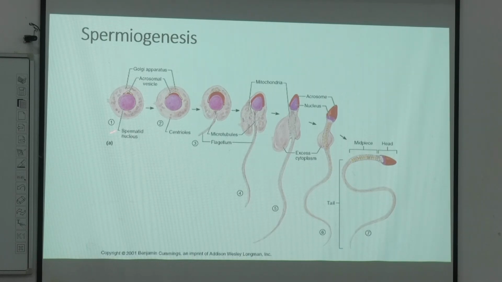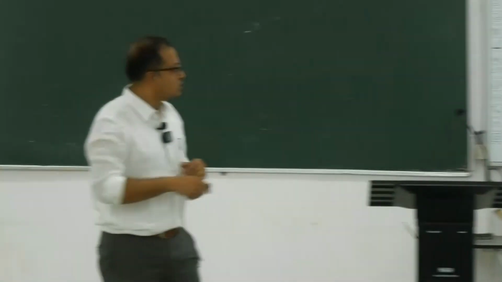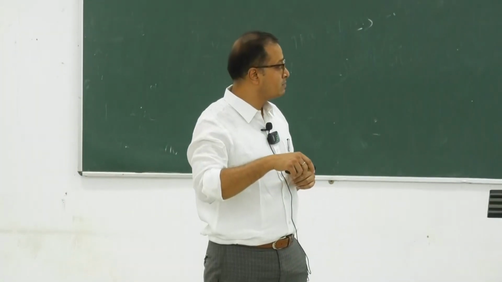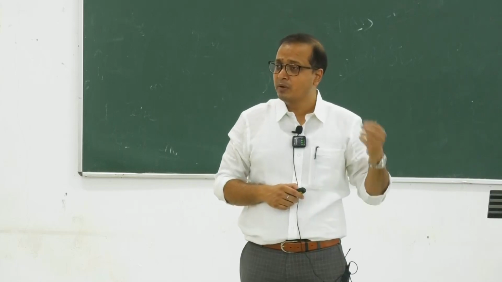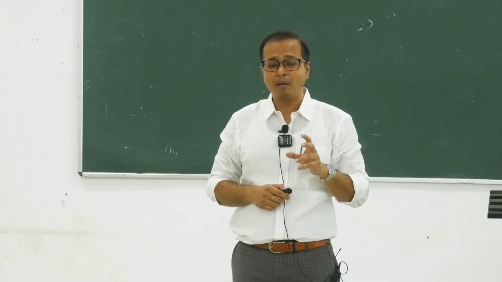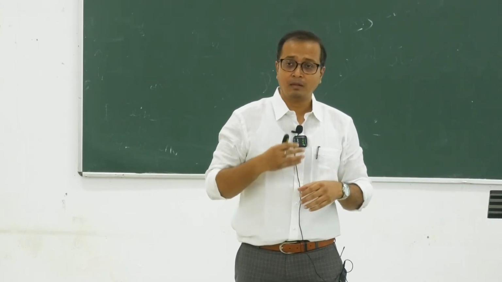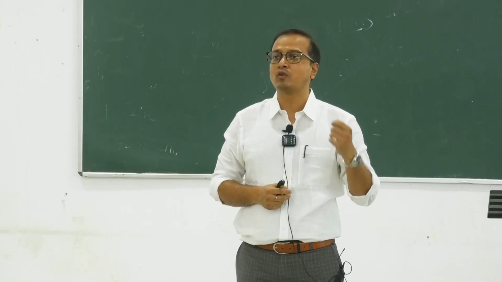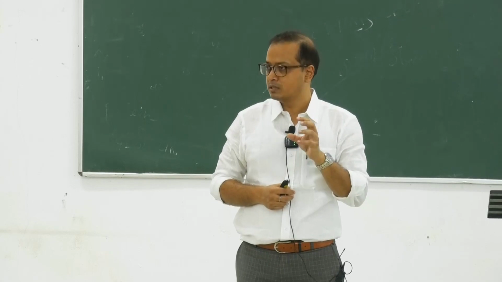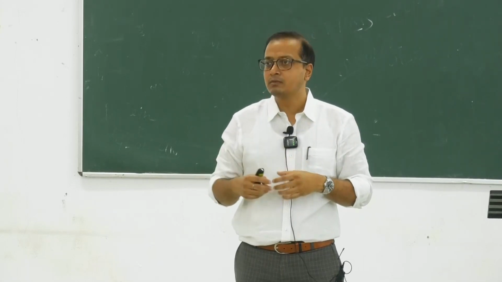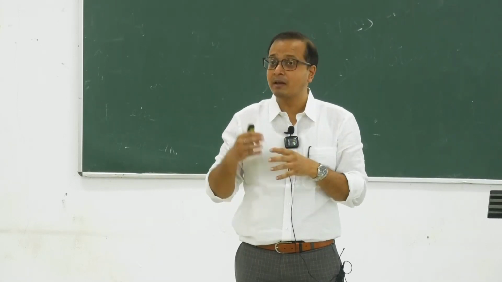This spherical cell, having the nucleus, the cytoplasm and all the cellular organelles, slowly transforms and becomes a spear-headed structure like this. All the excess things remaining within the spermatid are shed off. The major thing shed off is the cytoplasm. What is kept is the nucleus and the cell organelles, which are utilized.